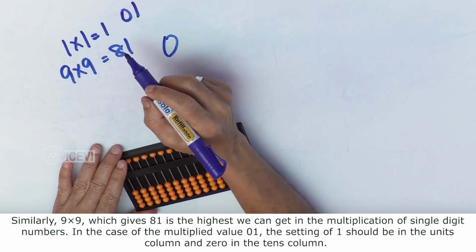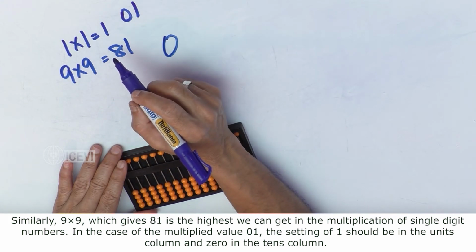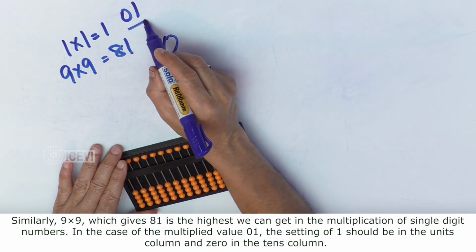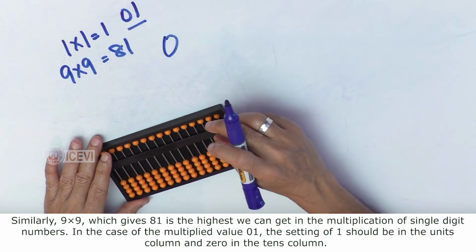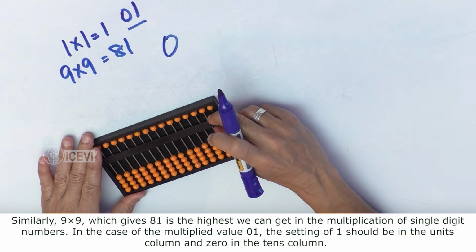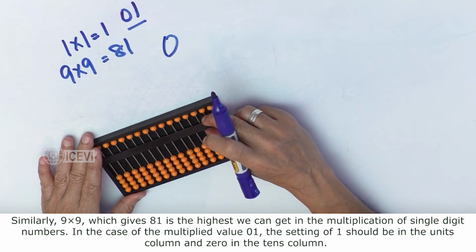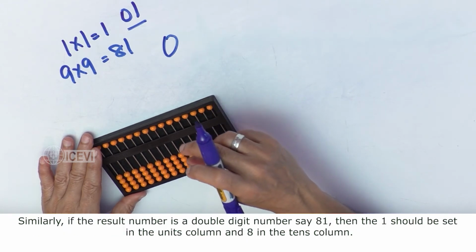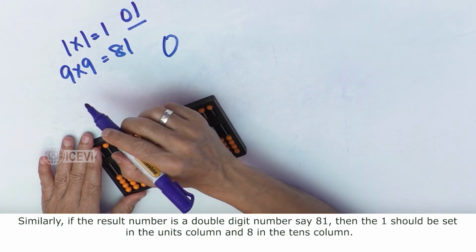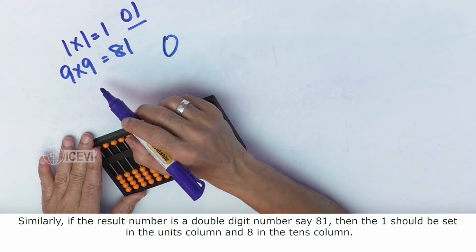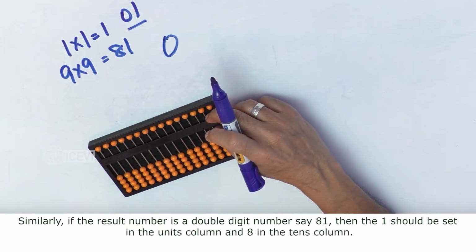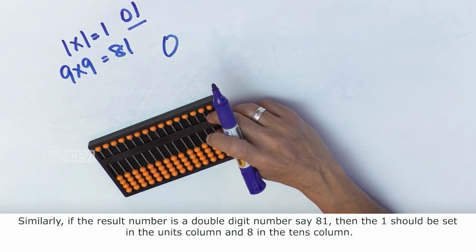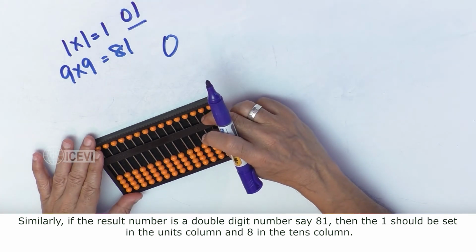In the case of multiplied value 0, 1, setting of 1 should be in the units column and 0 in the tens column. Similarly, if the result of the number is a double digit number, let us take 81, then 1 should be set in the units column and 8 in the tens column.